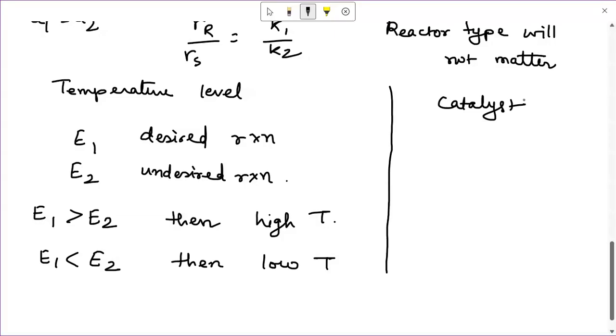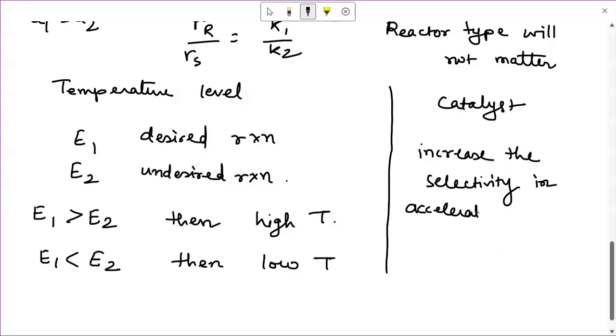The catalyst is going to increase or decrease the selectivity of specific reactions. So if we want to use a catalyst in this case, our target will be to increase the selectivity in accelerating the desired reaction. This will be our general target.